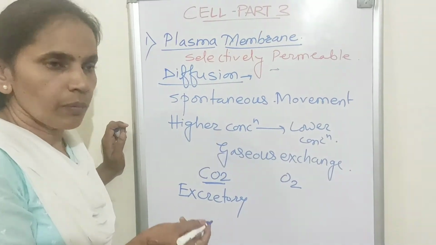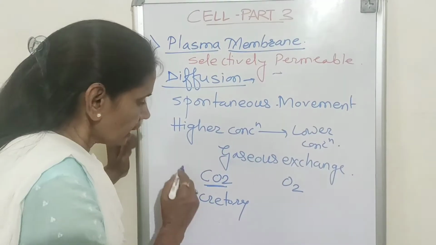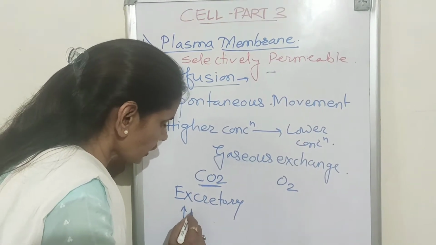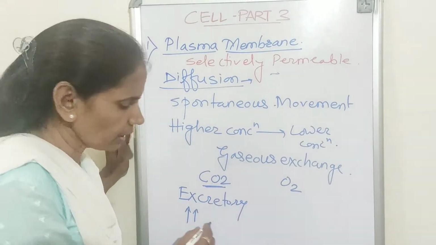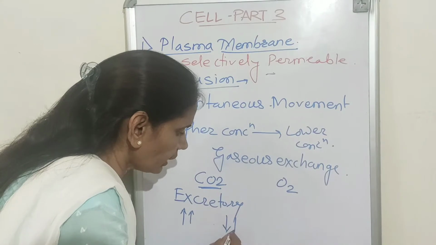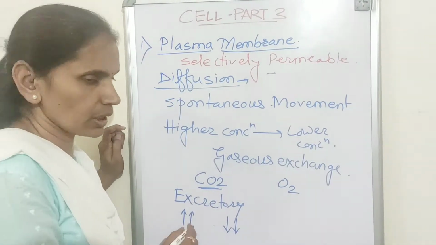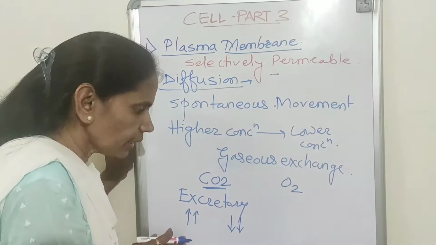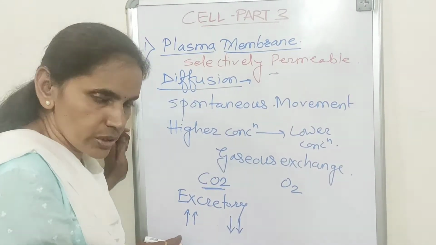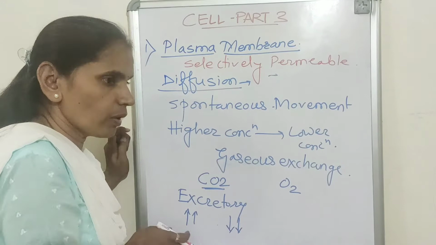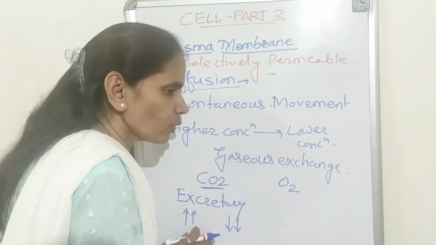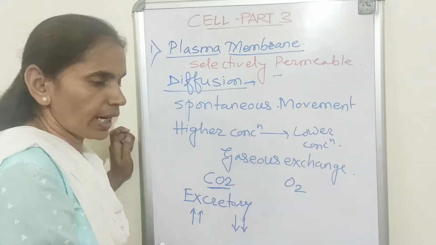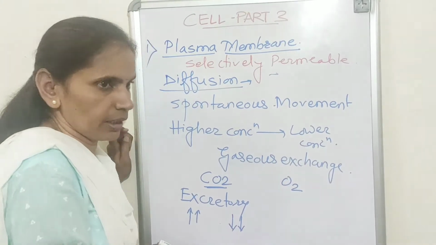When the cell forms carbon dioxide, its concentration within the cell is higher, while the concentration in the outside environment is lower. As a result of diffusion, carbon dioxide molecules move from within the cell towards the outside environment, so that an equilibrium is attained.